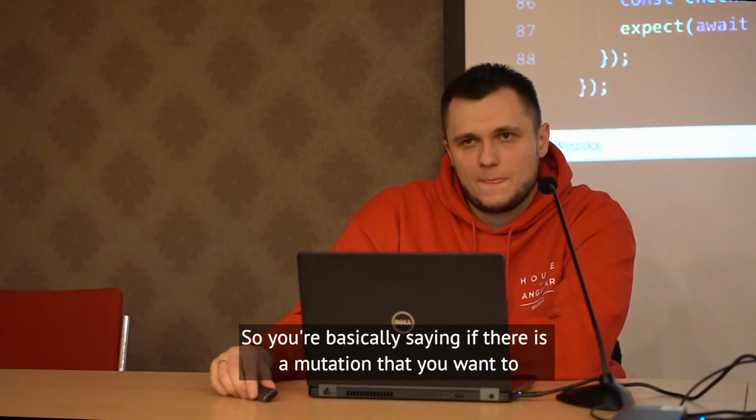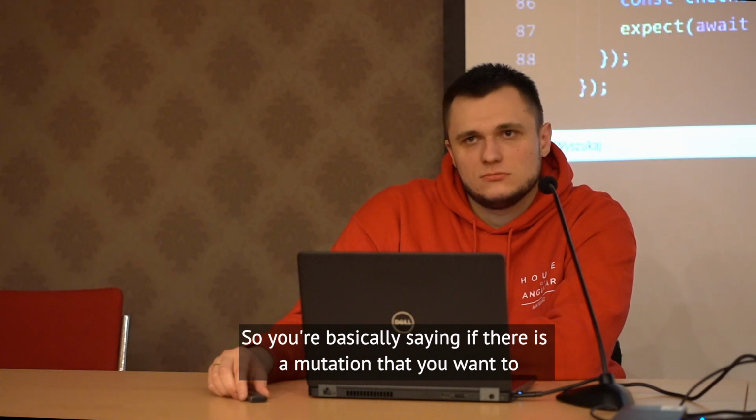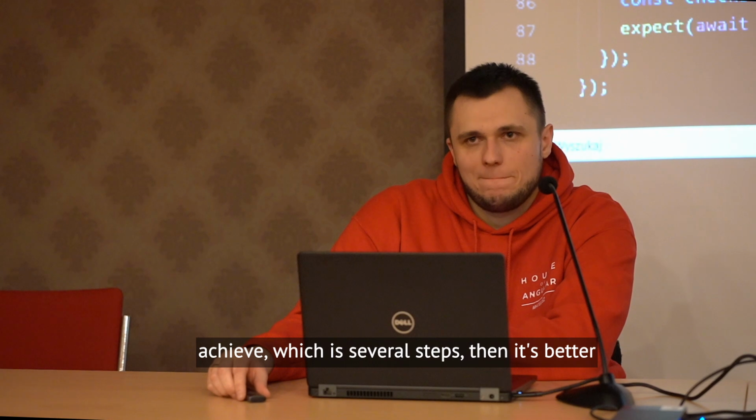So if you would like to achieve some behavior from this one big component and you would like to test it, but in the meantime there are 5 small steps required from these small components, I would rather hide them in scope of one function in this bigger component, so as not to force the user to know what has to happen just to select this card or do something with that card, if you know what I mean. So you're basically saying if there is a mutation that you want to achieve, which is of several steps, then it's better to hide them. Yeah, in my opinion.